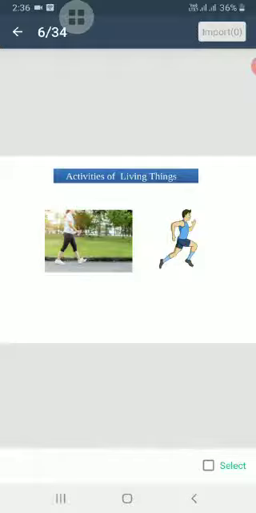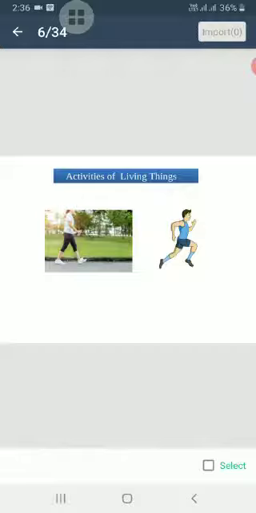But the robot and the car are non-living things because they do not respire and they don't consume food. All living things have some common characteristics that are not present in non-living things.